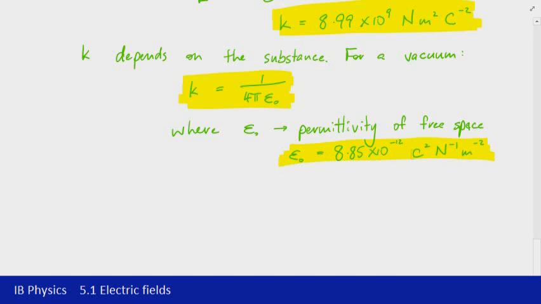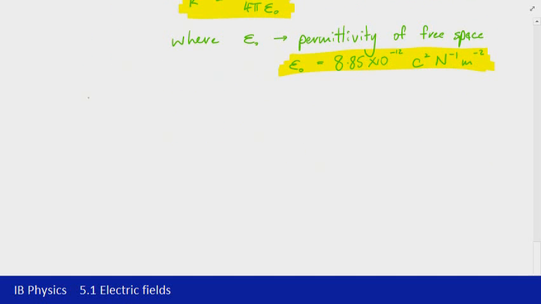To put it into context, the permittivity of free space is how easily electric forces are transmitted through a vacuum. Just as a reference point, we can have a look at the values of some fairly common substances. I'm not going to list too many, just three.